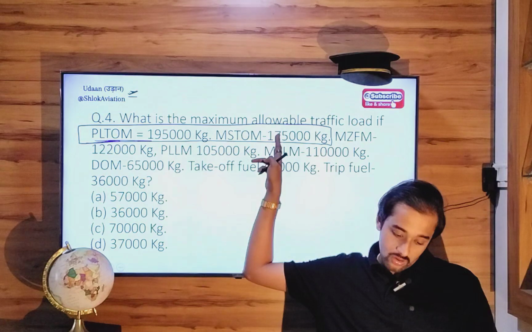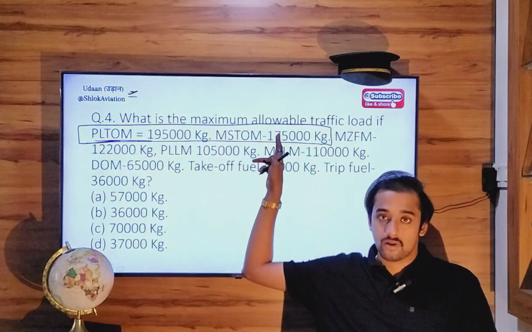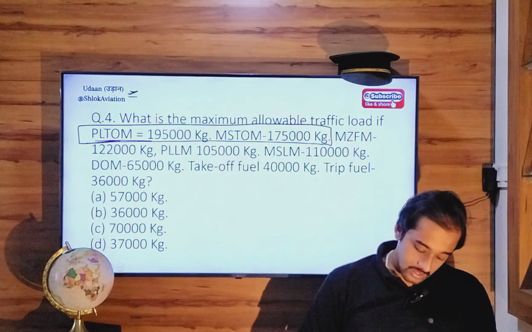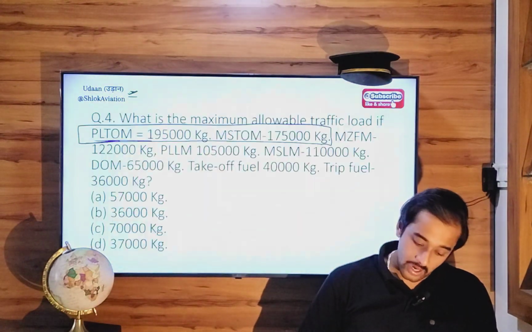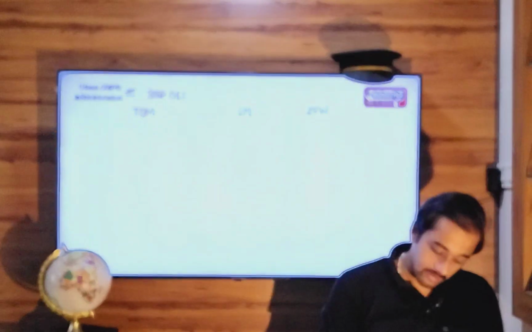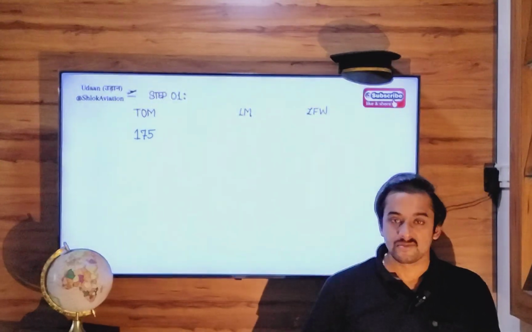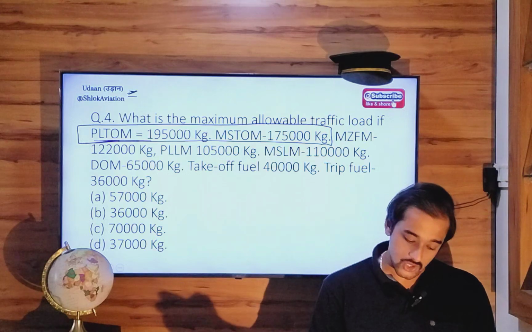The maximum structural takeoff mass value. So in the column of takeoff mass, you are going to write 175. What is the landing mass?